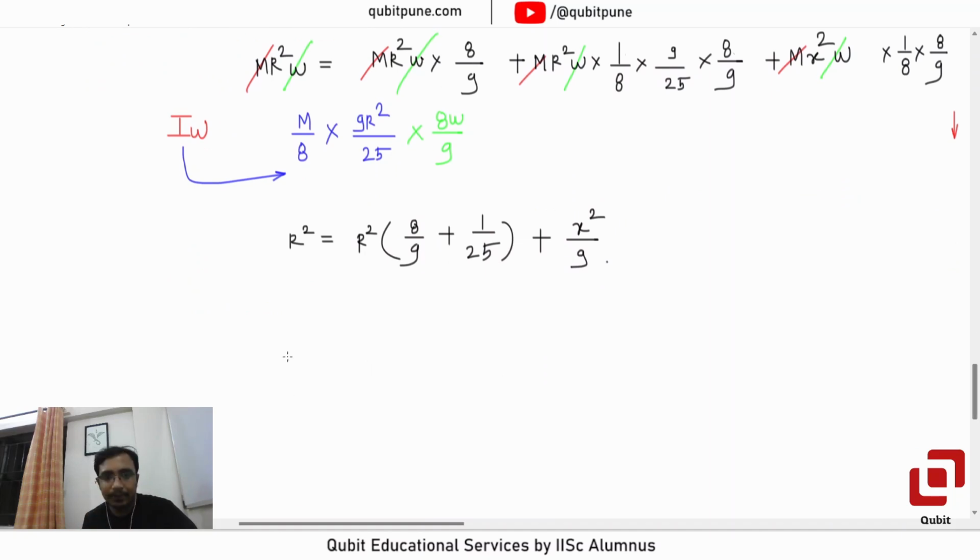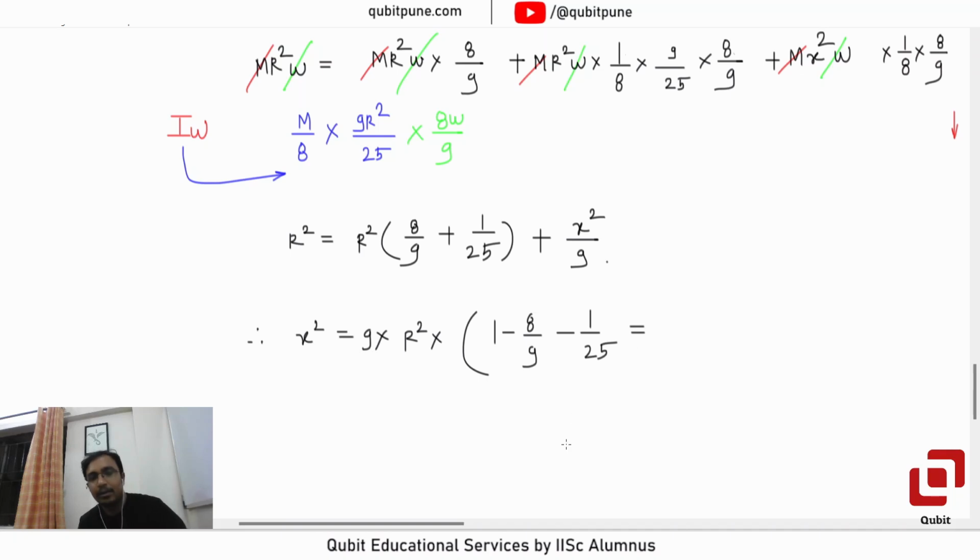Therefore, x squared is equal to 9 into R squared into bracket 1 minus 8 upon 9 minus 1 upon 25. Now 1 minus 8 upon 9 will be 1 upon 9. So it will be 25 minus 9, 16 upon 9 into 25.